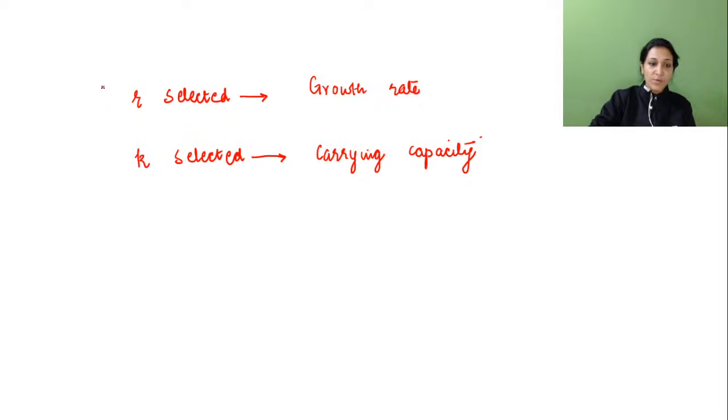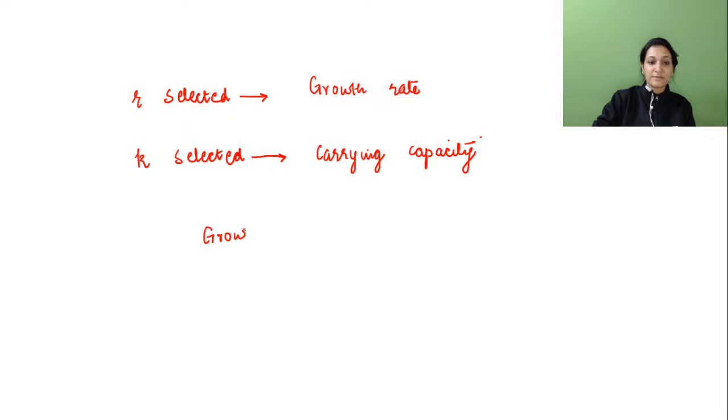So remember only these two things in your mind and you will be able to attempt the questions, right? So these are the things which you should keep in mind. Now there is a new formula for the growth rate when we have seen R and K selected.